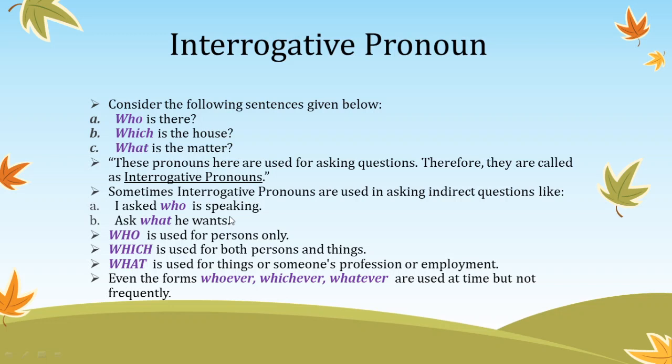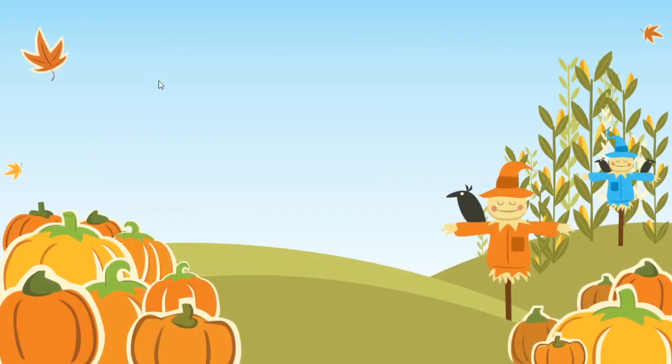His profession is given importance. So what is used. Apart from these three words in interrogative pronouns, we can also see some words like whoever, whichever, whatever, which are used in interrogative pronouns, but they are not used frequently. Only at times, if it is an example, we could see such words coming up for interrogative pronouns.